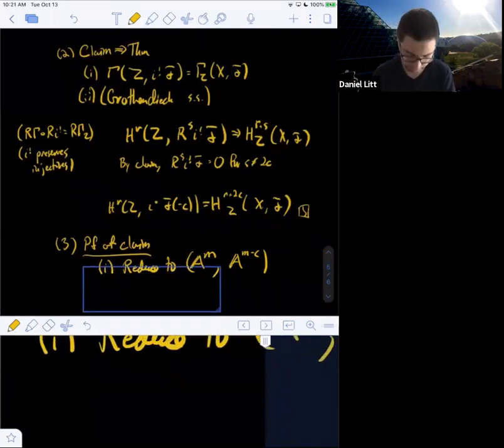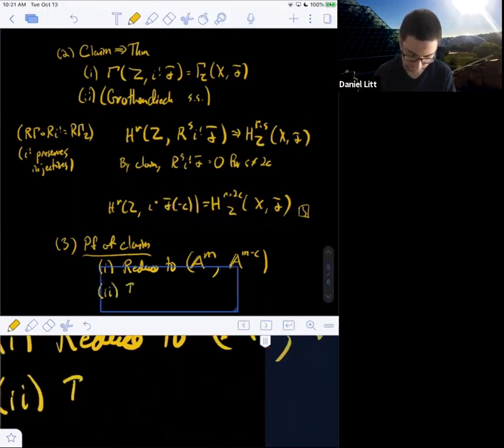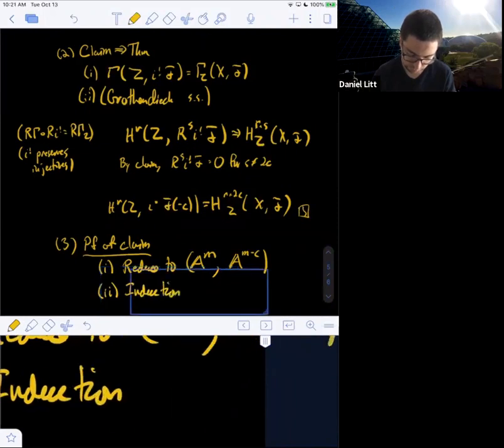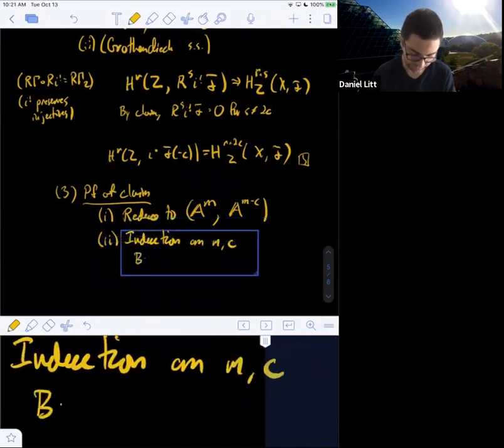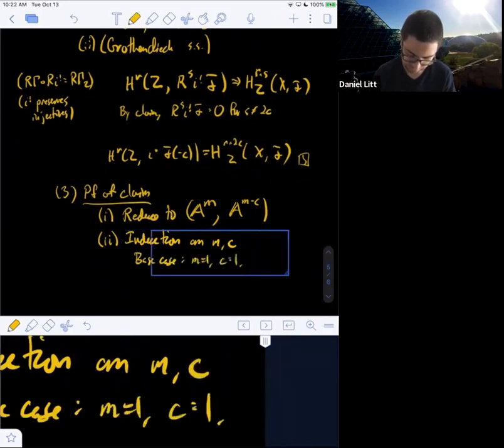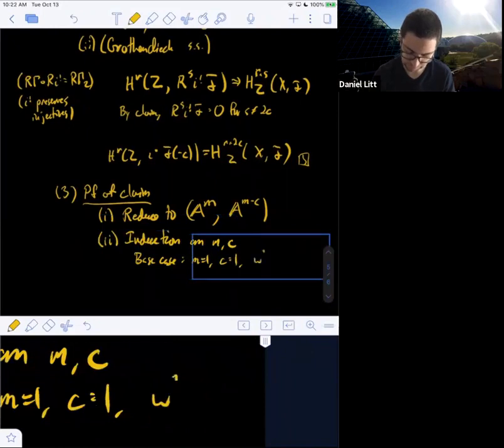All right, and then you just do induction on m and c. And we already did the base case. So the base case was m equals 1 and c equals 1, which we already did last time.